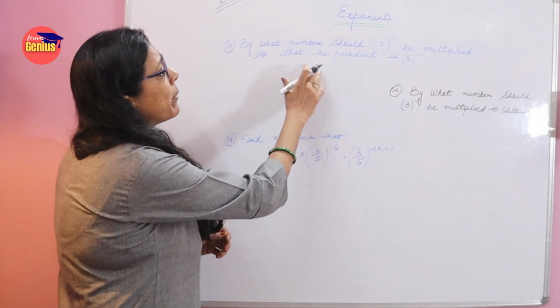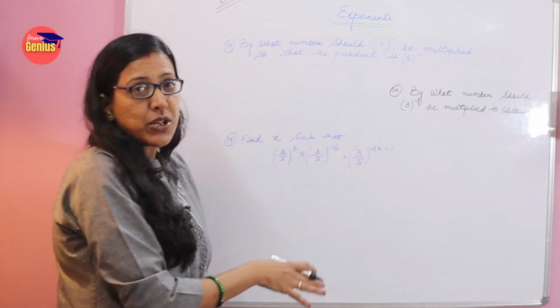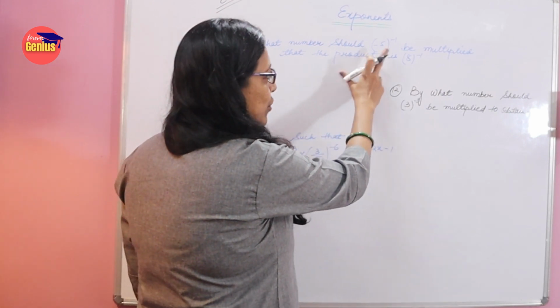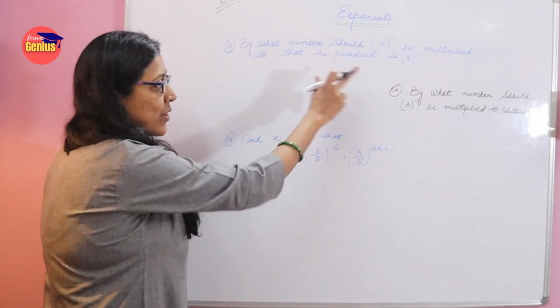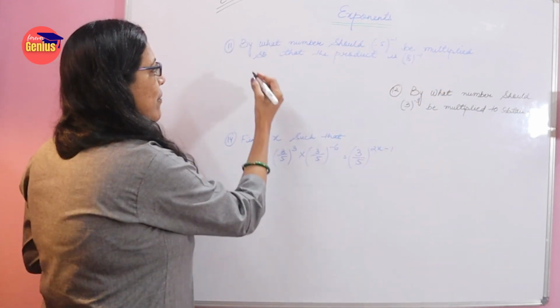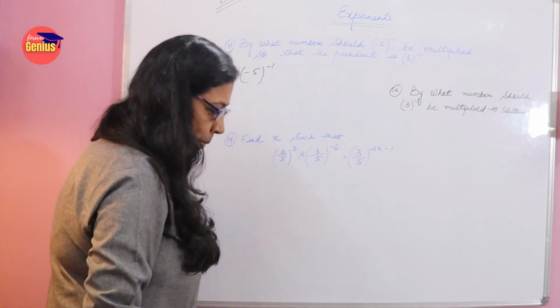By what number should -5 to the power -1 be multiplied so that the product is 8 to the power -1?